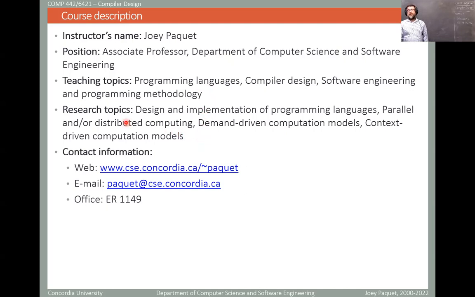My research topics also relate to the design and implementation of programming languages, in particular parallel or distributed computing programming languages or paradigms, demand-driven computation models, or context-driven computation models.